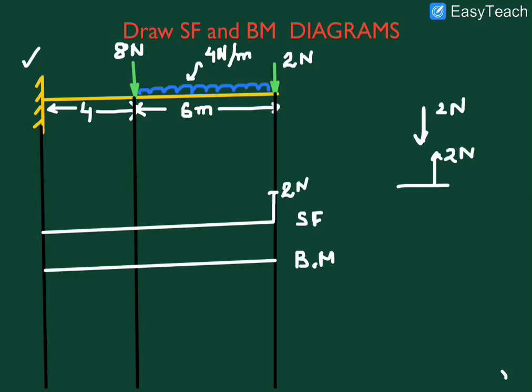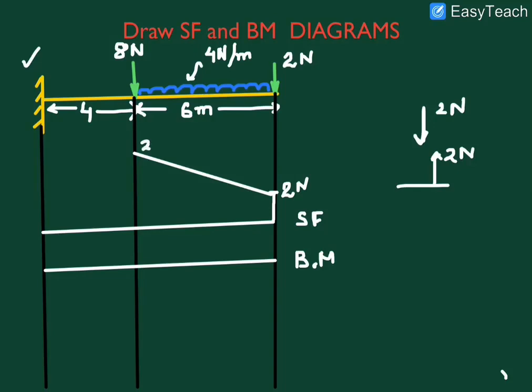Then we join this one like this. The magnitude of force is 6 into 4 is 24, 24 plus 2, this one is 2, then the value of this one is 26.